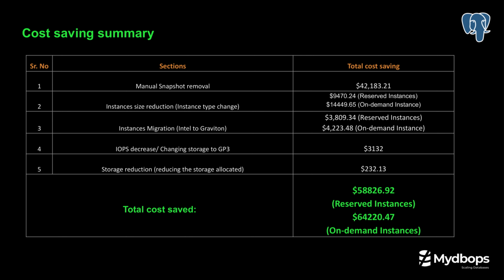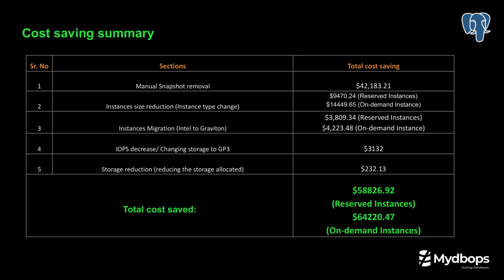Finally, here we have listed all the suggestions that were proposed during this assessment, as per our analysis, with each section that we discussed in detail in this session. The assessment projected an expected saving of around $58,000 in case of the reserved instances pricing model, and $64,000 in case of the on-demand instances pricing model.